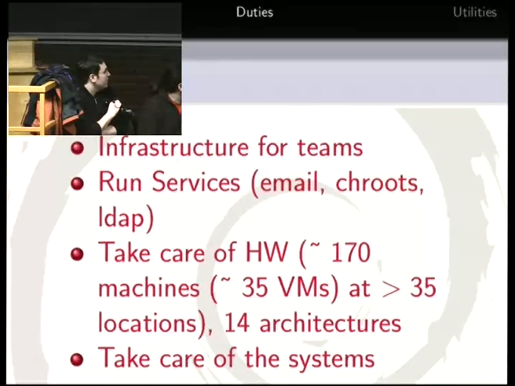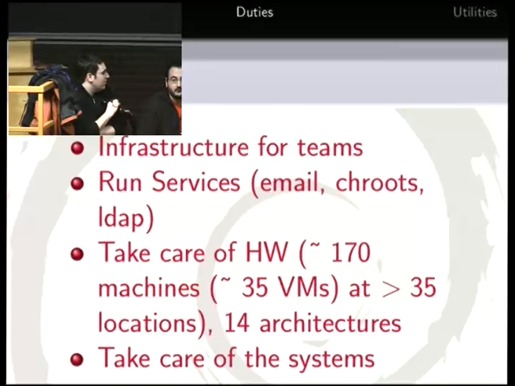The sysadmin team currently takes care of about 170 machines all over the world, with 14 different architectures in, I think, something like 35 different hosting locations.